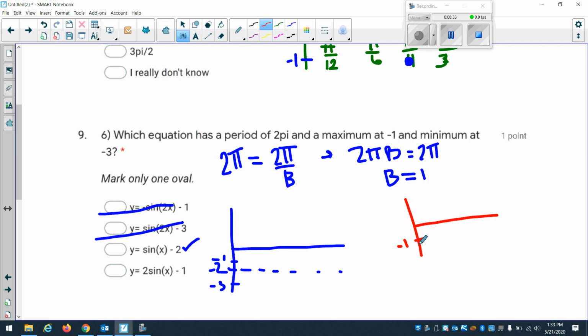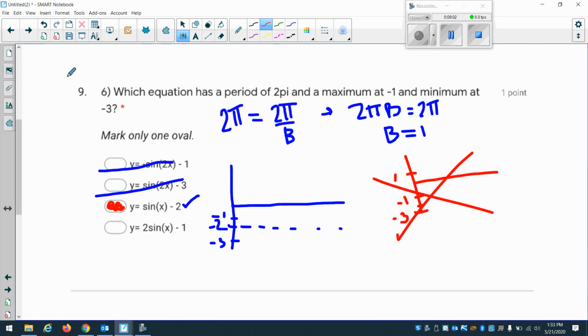So from your midline, you count 2 up, and that's at 1, and you subtract 2, so here your minimum is at -3, but your maximum is at 1. So that doesn't fit what it's asking. So the correct equation is sine of x minus 2. Okay.